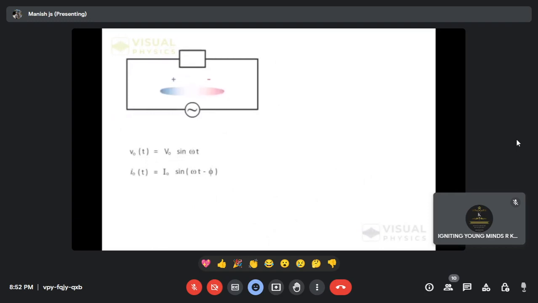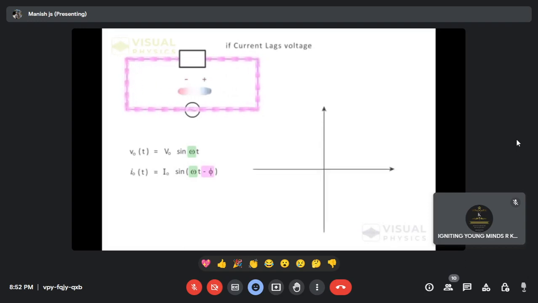AC voltage and current in a circuit have the same angular frequency, but different amplitudes, and are often out of phase. If current lags voltage by a phase of phi, then in the phasor diagram, the amplitude vector of current is behind the amplitude vector of voltage by a phase of phi.